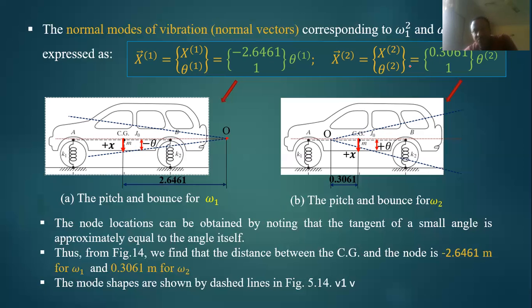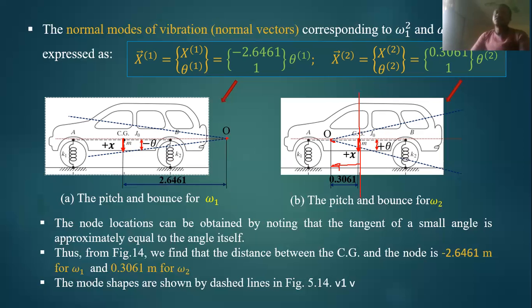Again, in the second mode of vibration, we have 0.3061 positive, and this is also positive. That implies that from the equilibrium position, from the CG, the node is in this location, 0.306 meter away in the positive direction. And our angle is positive also.